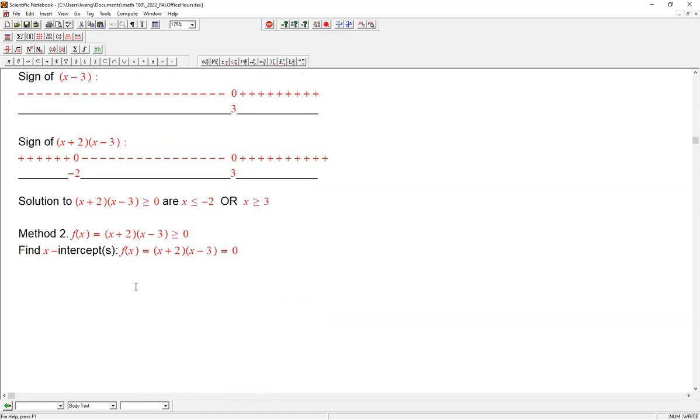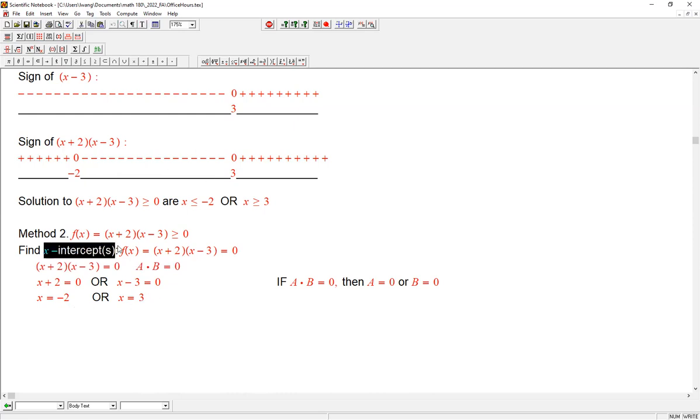That's what we did; it's just a different interpretation. So we got our x-intercepts, two points: one is (-2, 0), and the other one is (3, 0). When input is -2, the output is 0. When input is 3, output is 0.